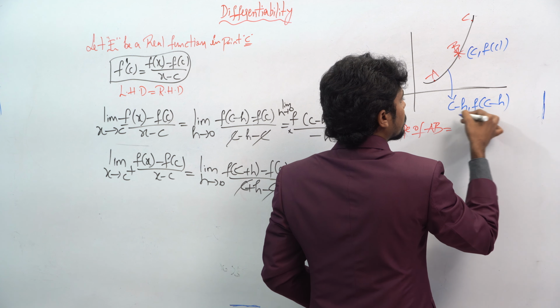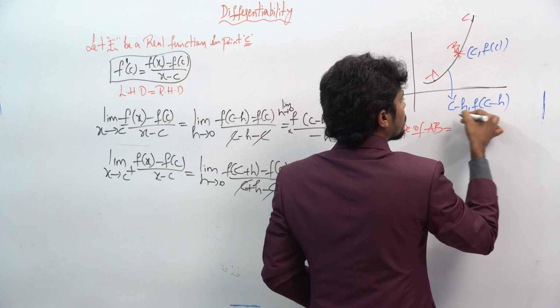So this is y2 minus y1 divided by x2 minus x1. This is f of C minus h minus f of C divided by C minus h minus C. Here plus C minus C get cancelled. This becomes f of C minus h minus f of C divided by minus h.